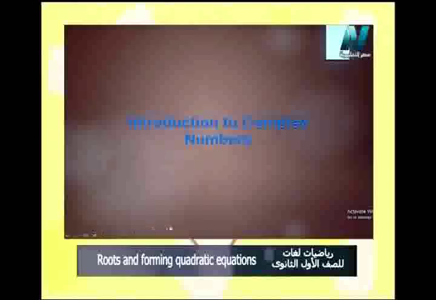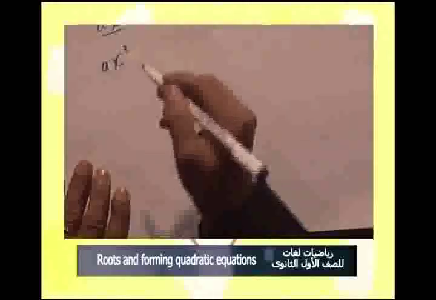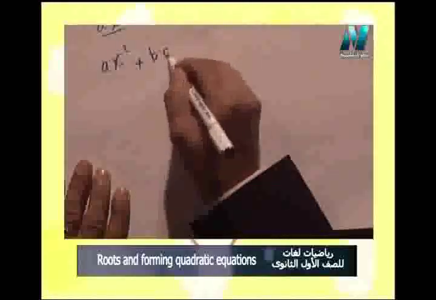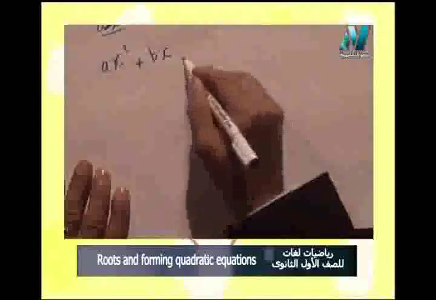Okay, now students, we will go to explain some questions here. Let's start with the first question. We know that the quadratic equation is ax power 2 plus bx plus c.